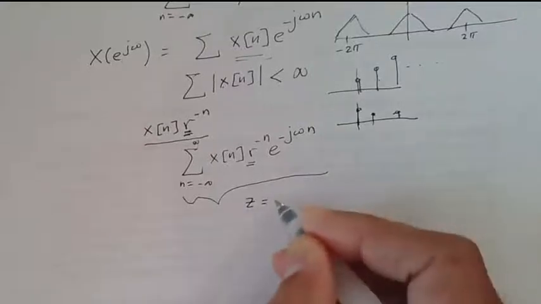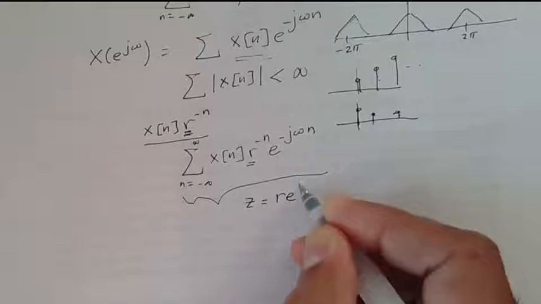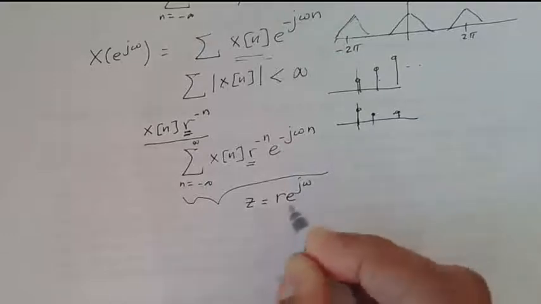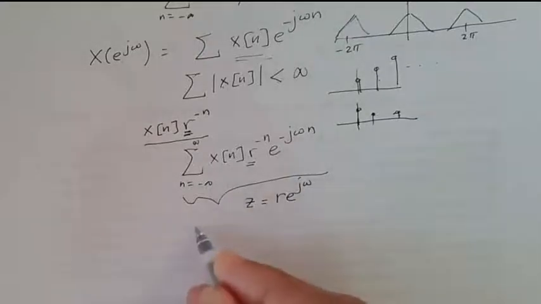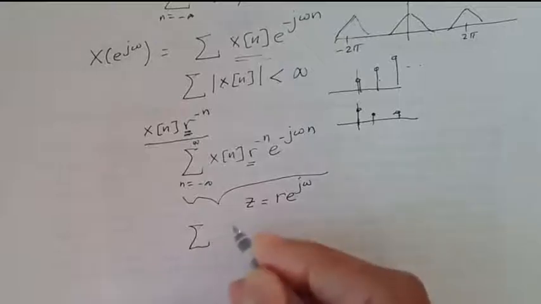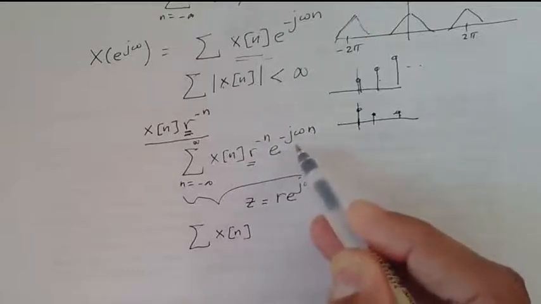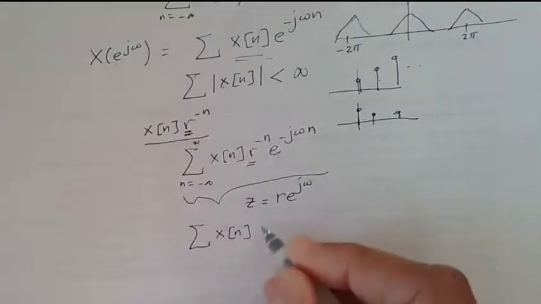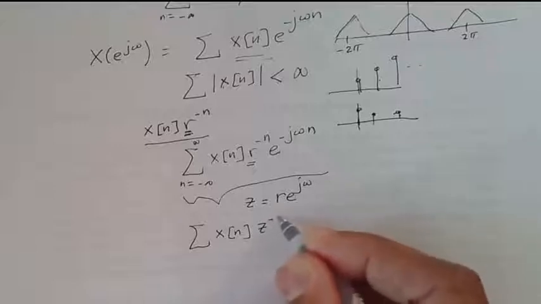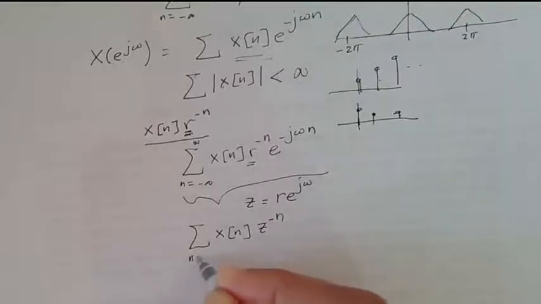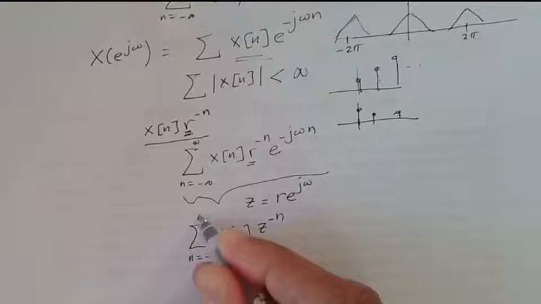Let me define z to be equal to r e to the j omega. If I do this, then I can rewrite the summation as x of n, and this thing is r e to the j omega to the power minus n. So this becomes z to the power minus n, n goes from minus infinity to infinity.